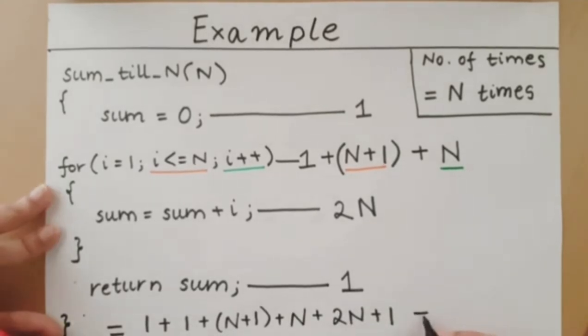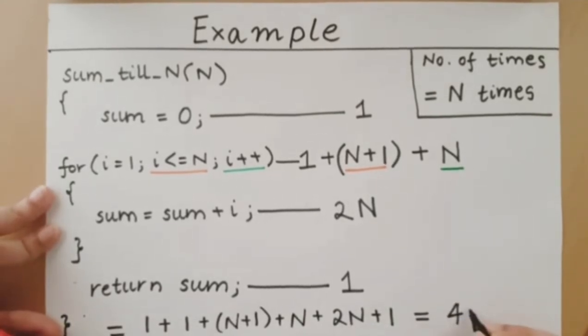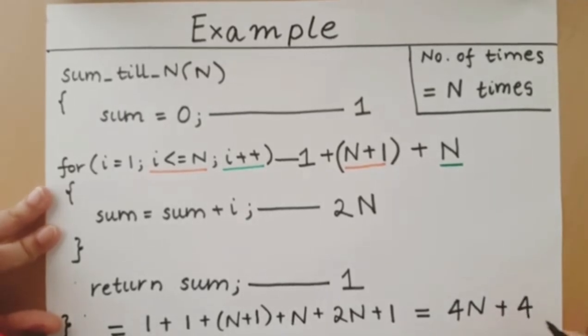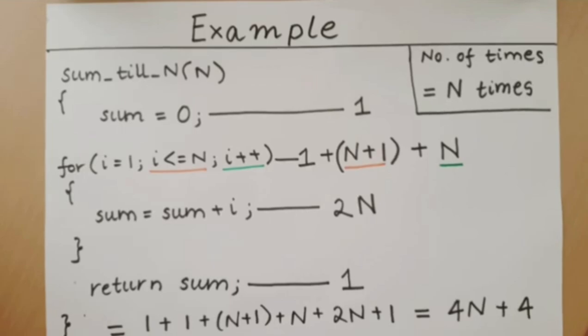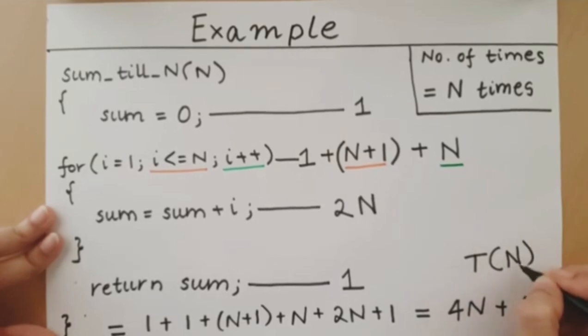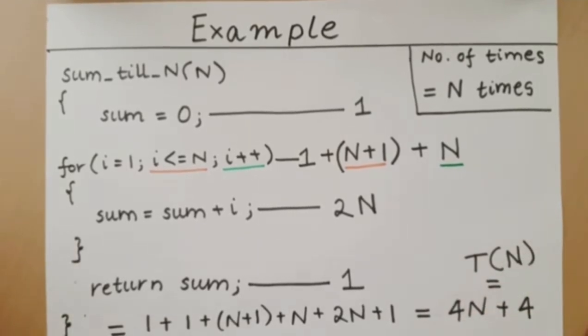When we take the sum, we arrive at 4n plus 4. This is the total time taken by the algorithm in its worst case. So we can say that time is a function of the input size. And in this case, T(n) is equal to 4n plus 4.